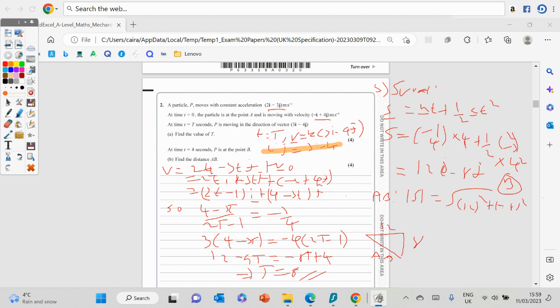That's in a sense all I'm really doing. So that's going to give you 144 plus 64. So that's what, 4 lots of that, which is 4 root 13.